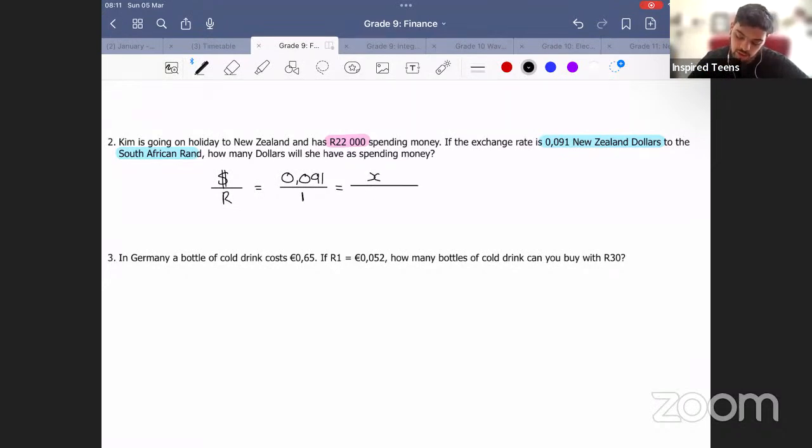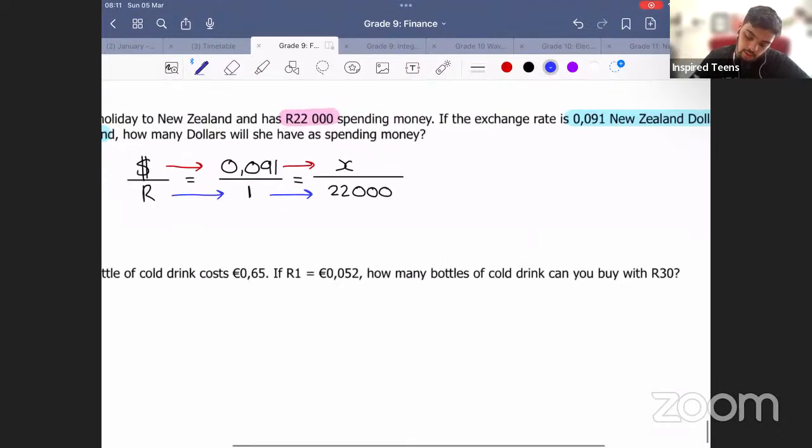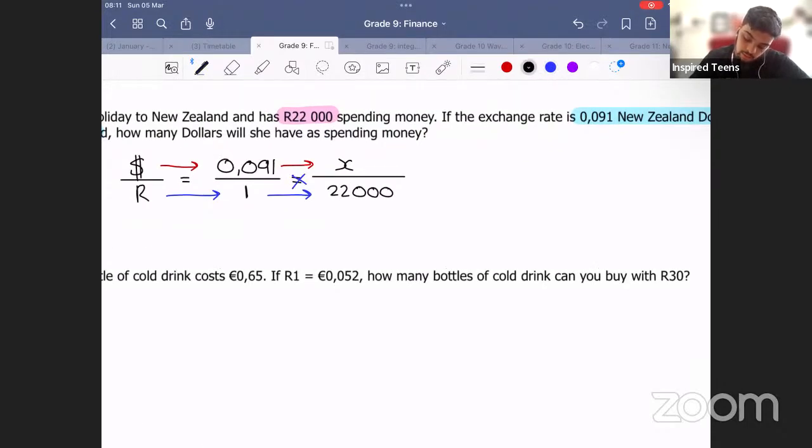They want to know how many dollars she is going to have. So I'm keeping this constant, right? All of these are dollars. All of these at the bottom are going to be Rands. So the Rand amount is 22,000. So again, I cross multiply.